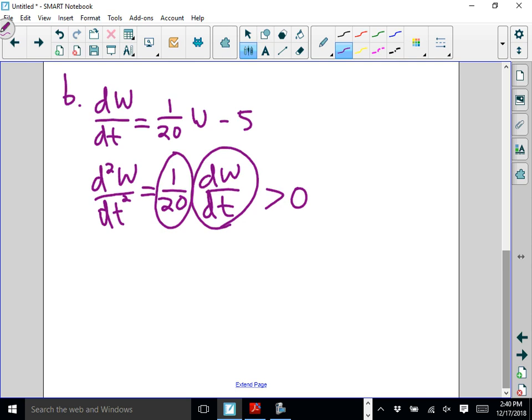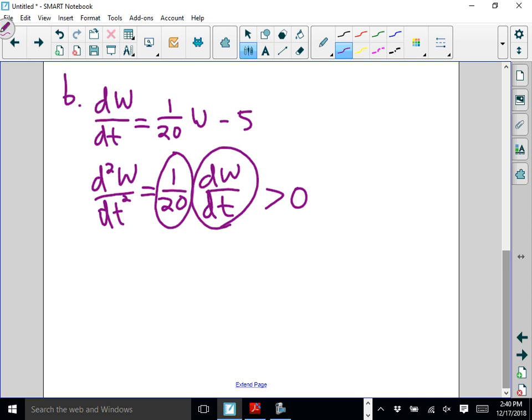I'm definitely going to need to state that in my explanation. One thing I want you to be aware of, it's okay to leave that dw/dt in there as long as they didn't say solve for the second derivative in terms of w and t. If they said that, then we'd have to plug in what dw/dt is. But they never said that, so we're going to stick with this because we can tell it very easily.